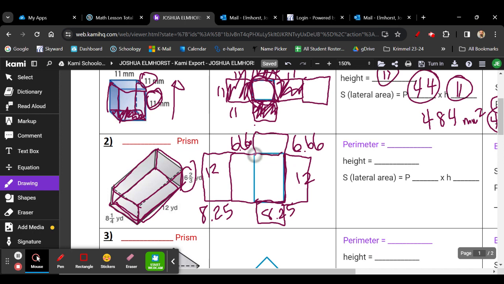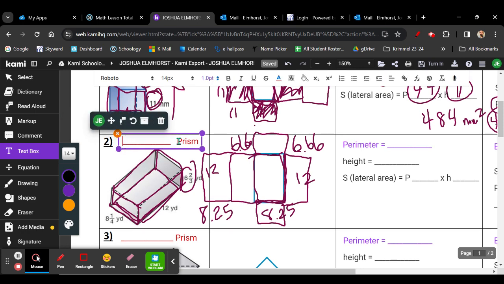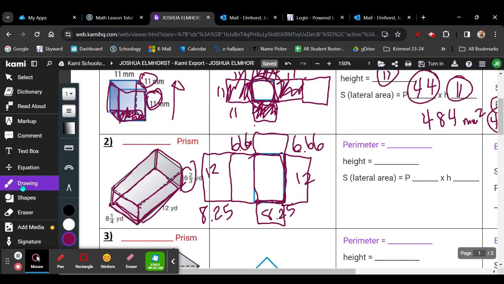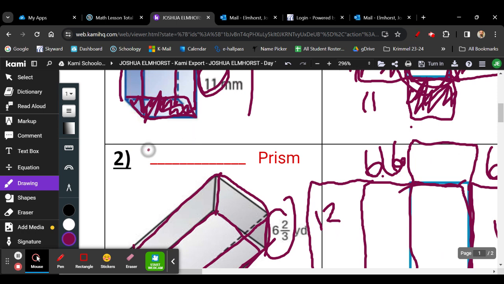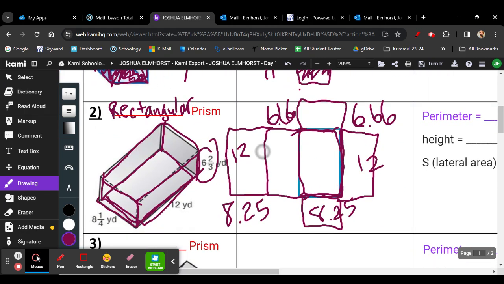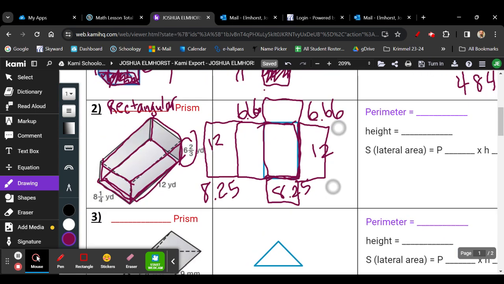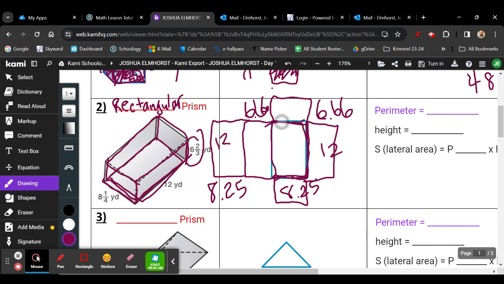And we look at the base shape. The base shape is a rectangle. So we're going to call that a rectangular prism. A rectangular prism has parallel opposite sides of the congruent shape, which is a rectangle. Now we need to find the perimeter of the base shape.